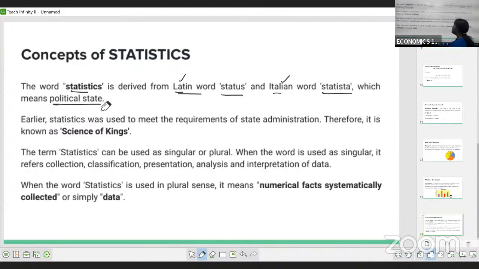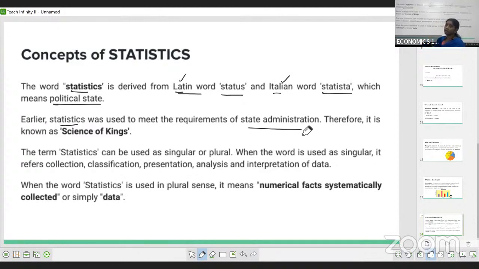In the earlier days, or in the previous days, statistics was used to meet the requirement of the state administration, to take care of the functioning of the state.